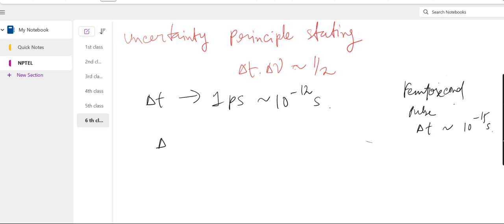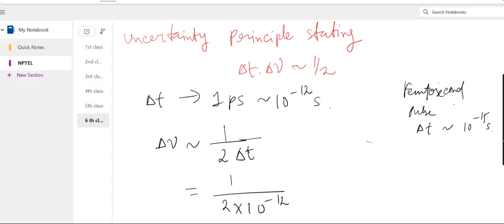So delta nu becomes half into 1 by delta t.